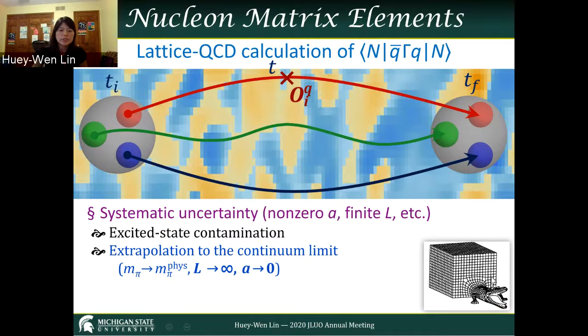So because the nucleon calculation is harder, I'm going to use this symbol, which is a monster living inside the nucleon, inside the latest three-dimensional illustration of the lattice simulation, to warn you that there are still certain systematics that are not under control.